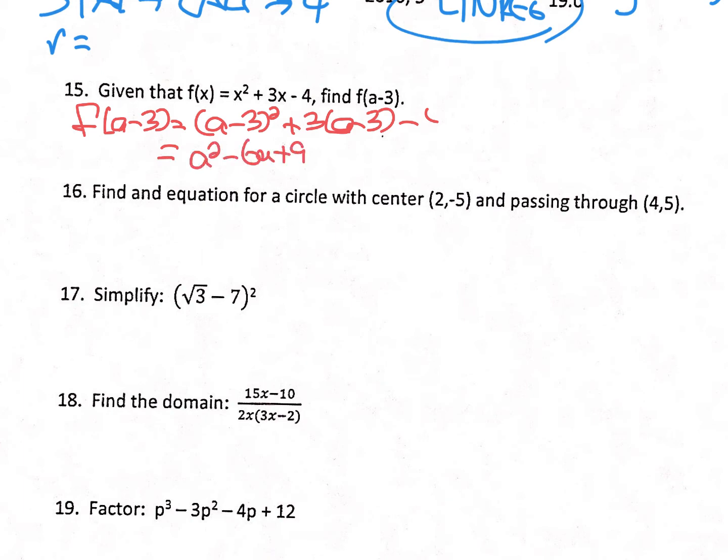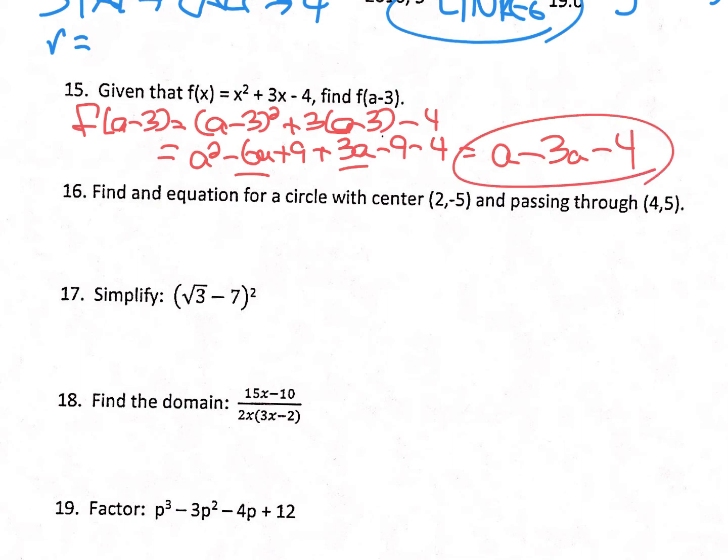Then I'm going to distribute this 3, make it 3a minus 9, and that's a minus 4. And then all you have to do is look at what you have and combine everything you can. I have an a squared by itself. I've got a negative 6a plus 3a, that's a negative 3a. I've got a 9 minus 9 minus 4, that's negative 4, and you're good right there.